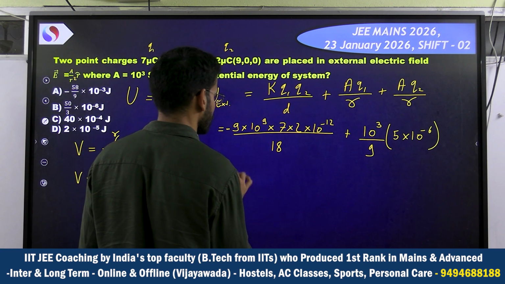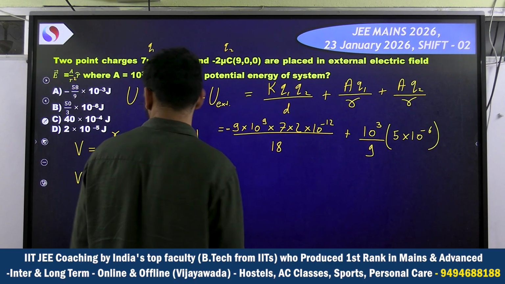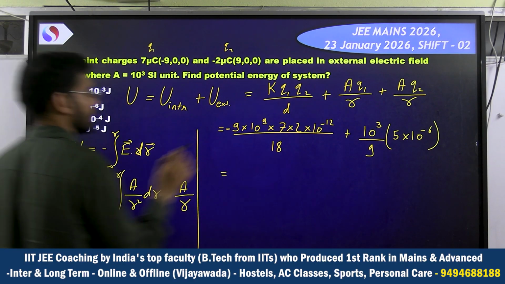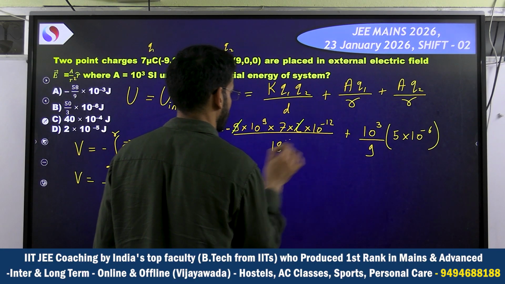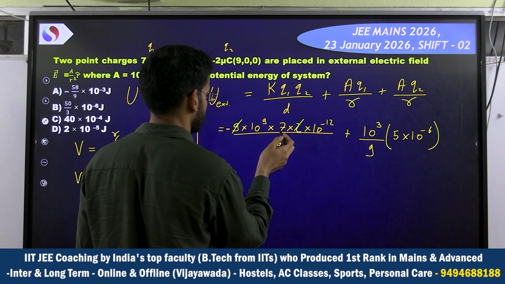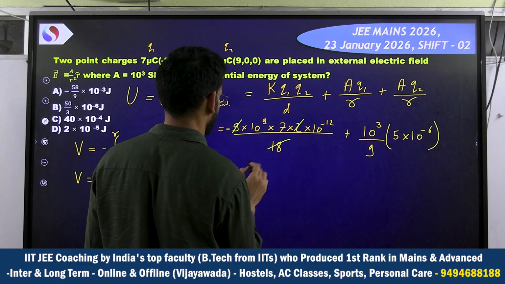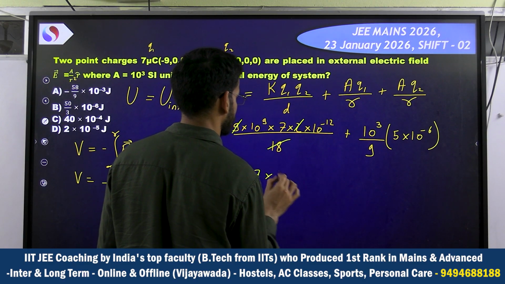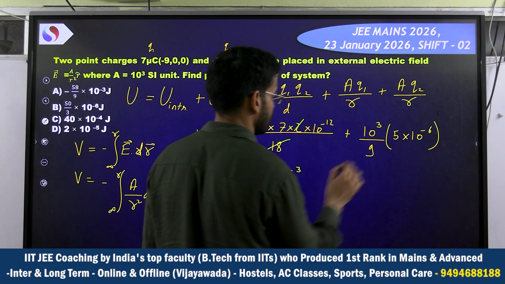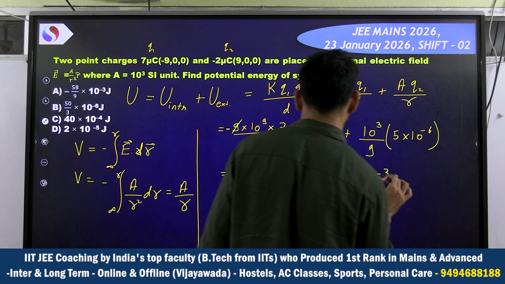Next. In this, if you simplify, what will come? 9 to 18. So let me change the pen. 9 to 18. And here 18, 7. So this will come how much? 7, this is minus 3. Minus 7 into 10 to the power minus 3. And here plus 5 by 9 into 10 to the power minus 3.